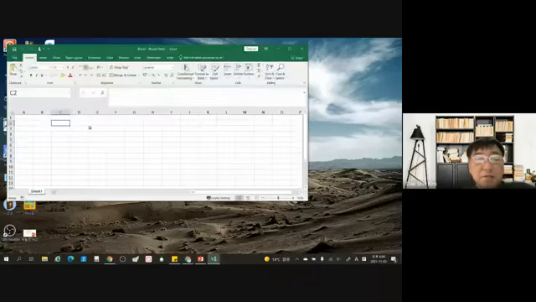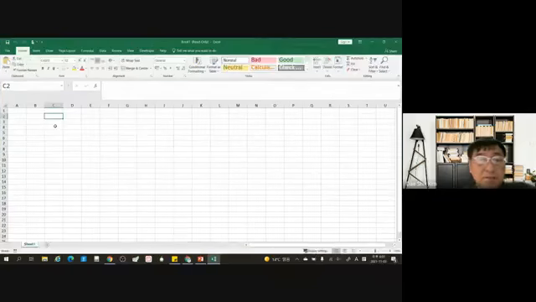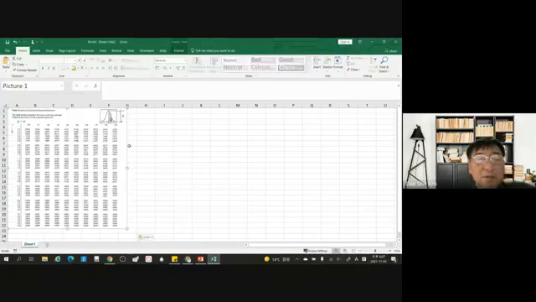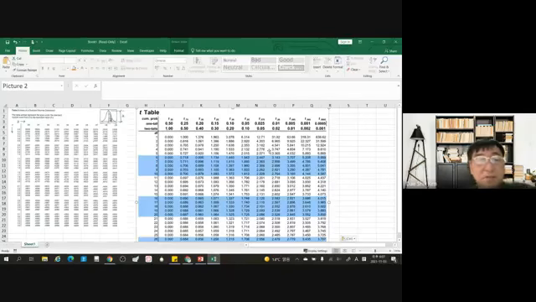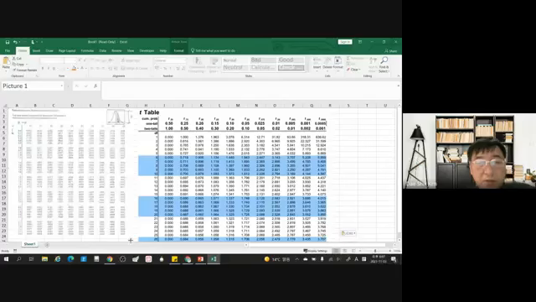I will put everything in here. The first one is the normal distribution table, and then copy the t table. So we need these two, okay?